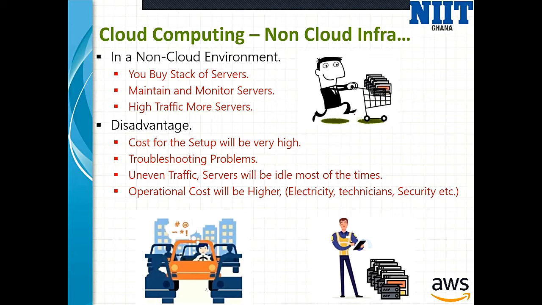They needed skilled employees who know how to manage these things. You need to have your own security for those devices. You need to provide 24/7 electricity. You need to have technicians. You need to have a lot of operational cost as well as upfront capital expenditure. So as per OPEX and CAPEX, the in-premise environment was not that much of a good idea.